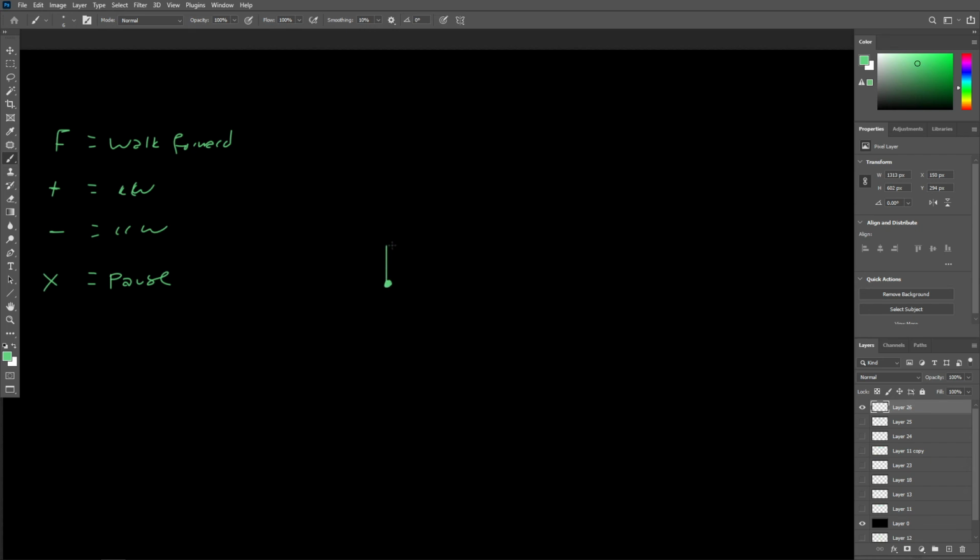Maybe first they'd walk forward and then walk forward again, and then maybe make a rotation and change heading and walk forward, and then maybe they'd pause here for a bit and then change heading again, walk forward, change heading, maybe pause again, do another walk forward, right?